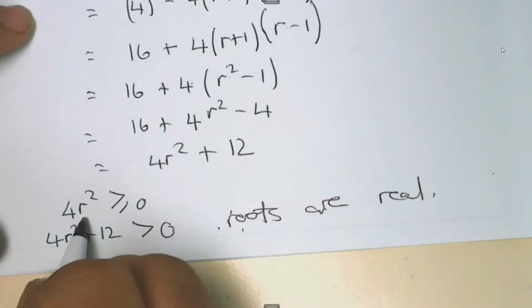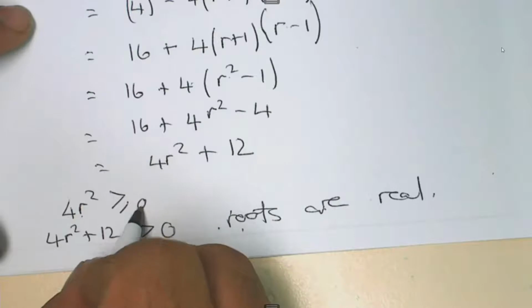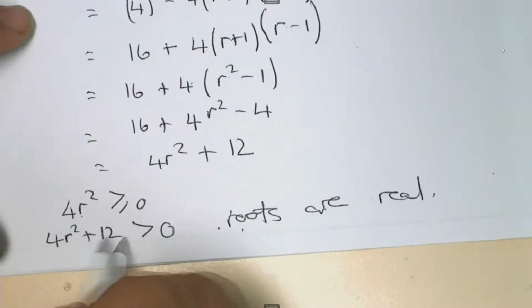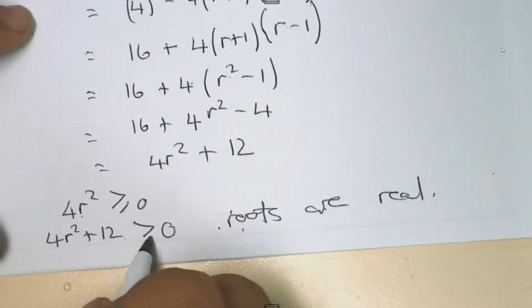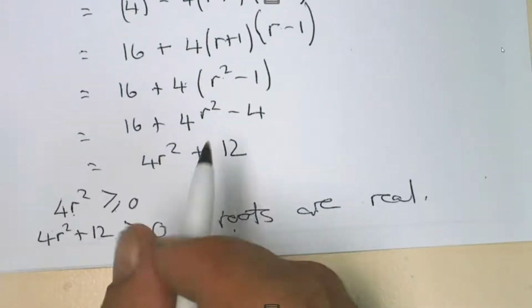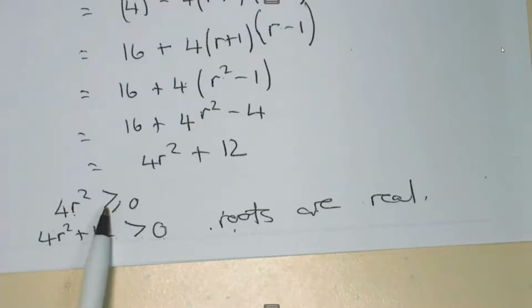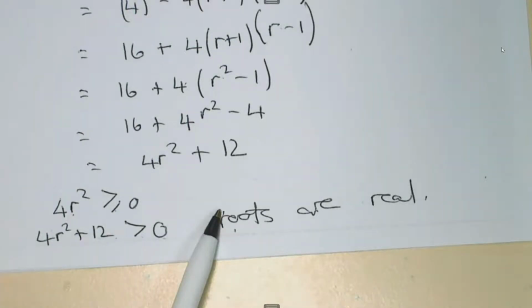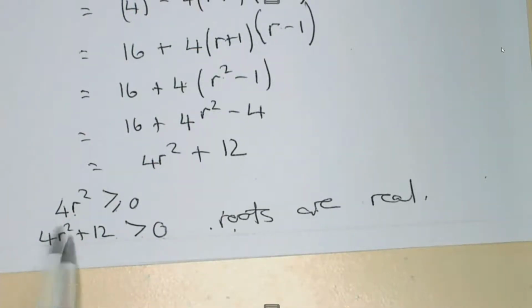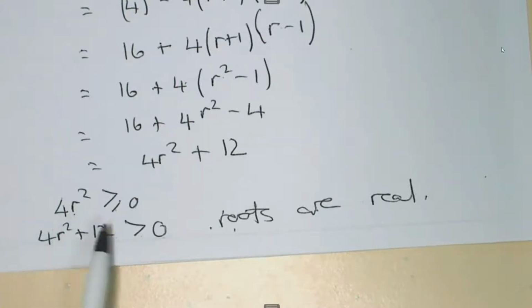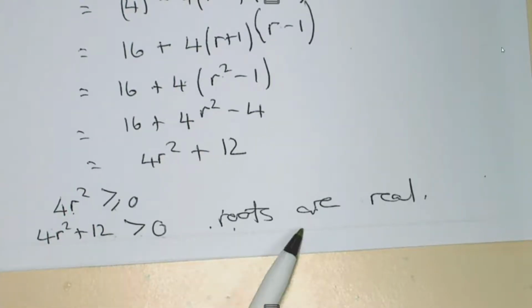Remember, if r is 0, then 4r squared is equal to 0. But if that is 0, plus 12 cannot be equal to 0, can only be greater than 0. I repeat, if r is equal to 0, then 4r squared can be greater or equal to 0. But if r is 0, that is 0, and 0 plus 12 is just greater than 0. And if delta is greater than 0, then the roots are real.